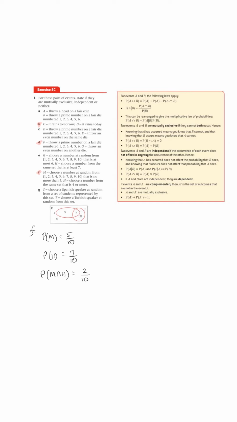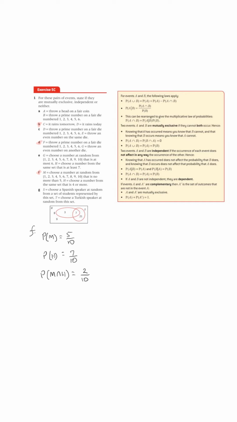So if it is just 4 and 5, that's 2 numbers out of 10, so that's 2 over 10. Okay, and from the yellow box of formulas from the textbook, we know that to check whether events are independent, the probability of the intersection of the two events should equal the individual probabilities of each event multiplied by each other.